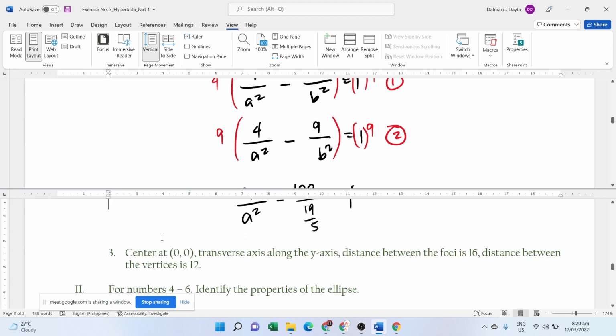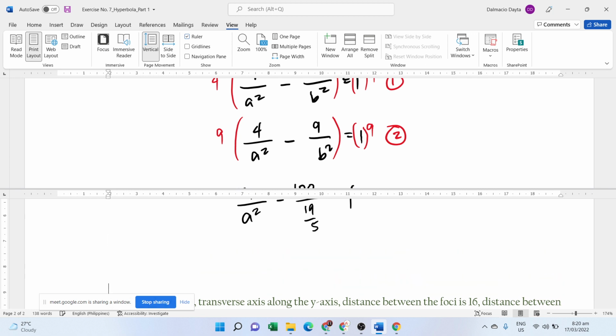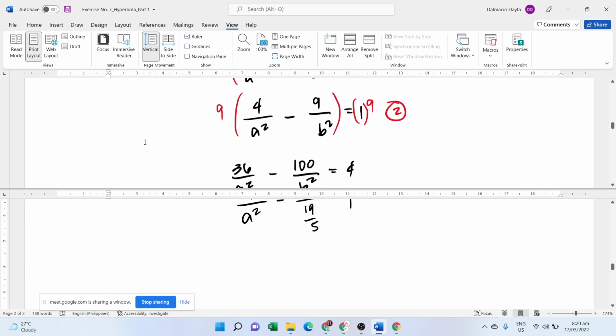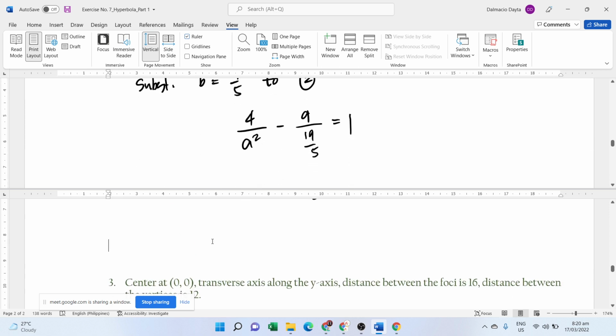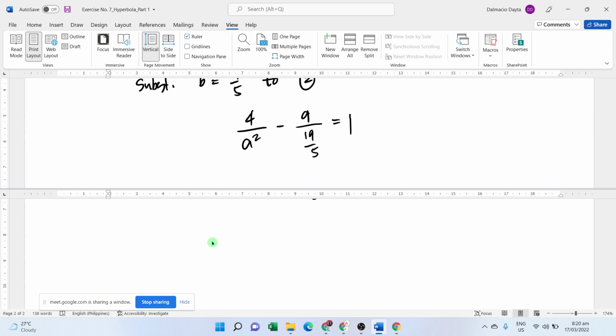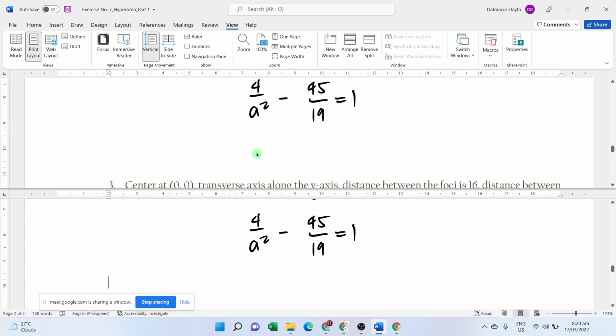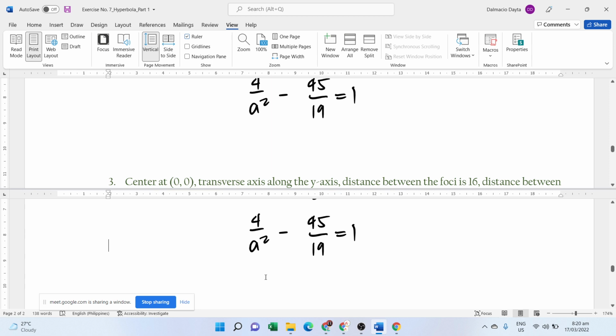Now solving for a squared, what do we get? We have 4 over a squared minus 9 divided by 19 over 5, which is 9 times 5 over 19. So that will be 45 over 19 equals 1. The fraction makes my solution long.